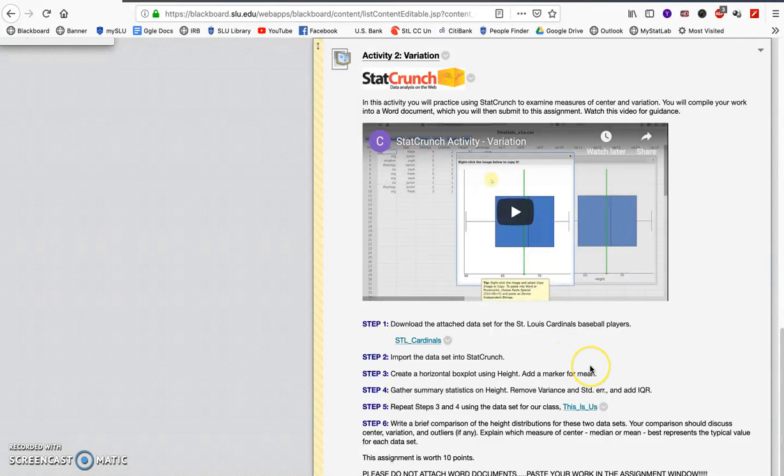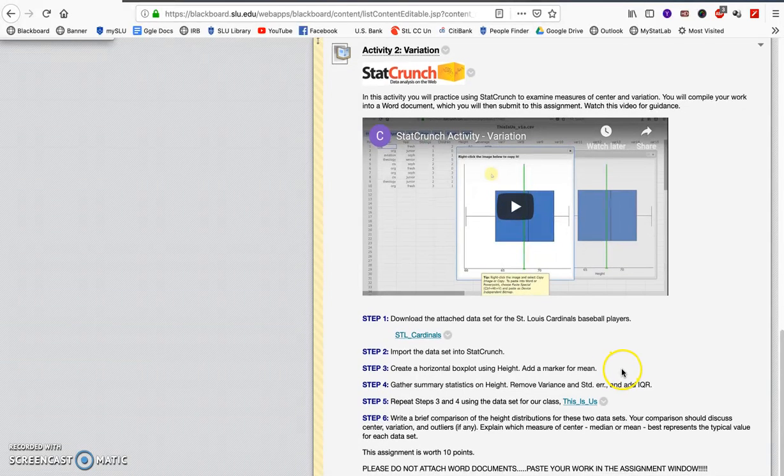You'll need to input both of these spreadsheets into StatCrunch, not into the same data set, but into separate data sets. And then you're going to be computing a box plot, and you're going to be gathering summary statistics for height.